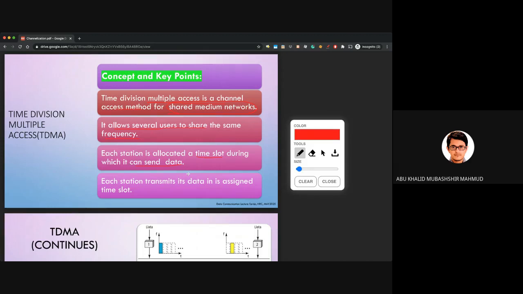Like frequency division multiple access, it is somewhat similar to time division multiplexing. You are familiar with these slots, and each station transmits its data in its assigned time slot.